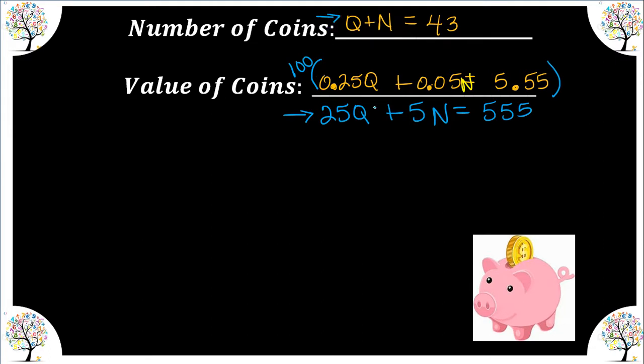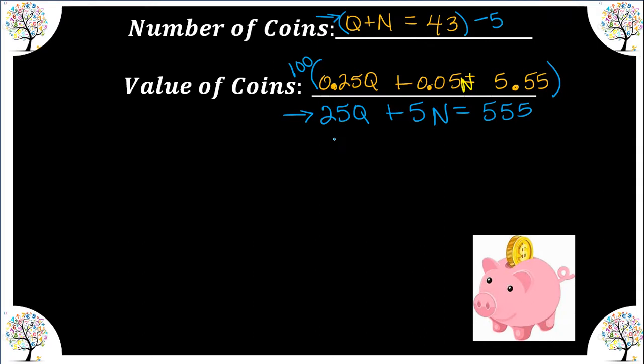Since they're in standard form, I am going to use elimination. I could make this q become negative 25 by multiplying through by negative 25, or we could multiply this equation by negative 5, and that way the nickels cancel out. I usually like to use the smaller numbers, so I am going to multiply this equation by negative 5.